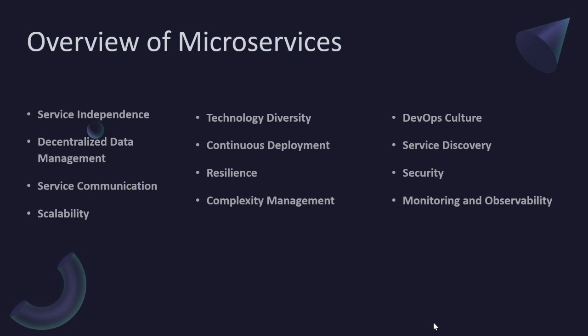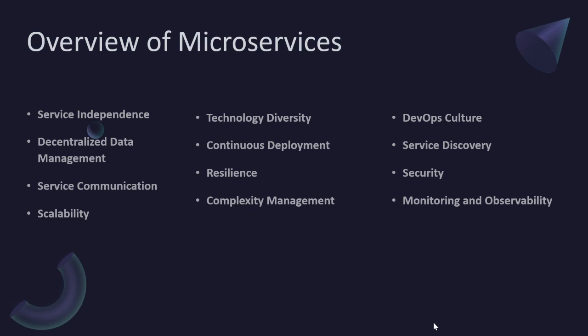The next one is service discovery. So what is service discovery? To manage the dynamic nature of microservices, tools for service discovery are crucial. The next one is security, which is very important. Security in a microservice architecture requires careful consideration, including authentication, which is very common, authorization, and data protection, as the attack surface can be larger due to the increased number of services.